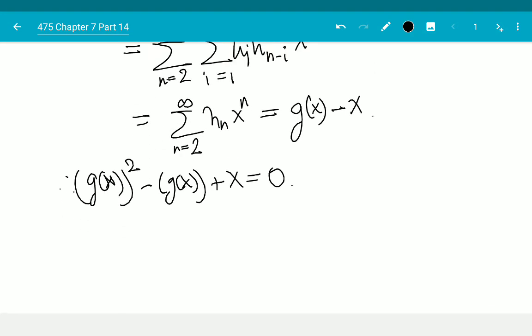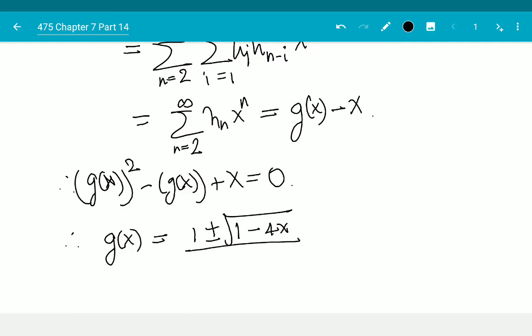We know how to solve for this. Therefore, g of x is equal to 1 plus or minus the square root of 1 minus 4x, all over 2, right? By the quadratic formula.